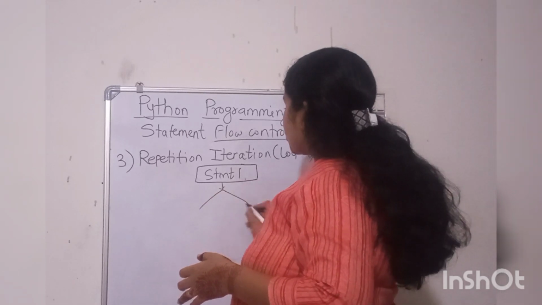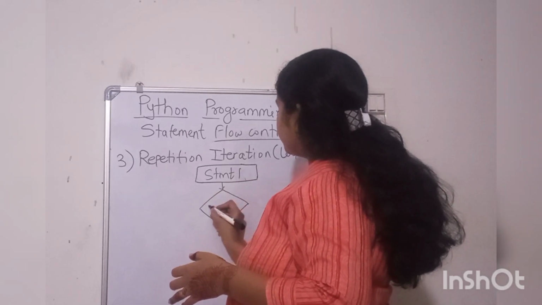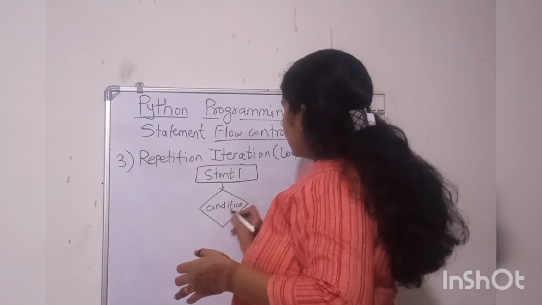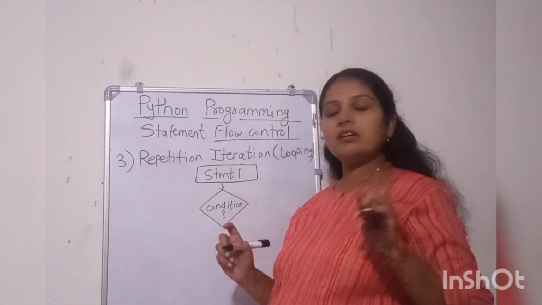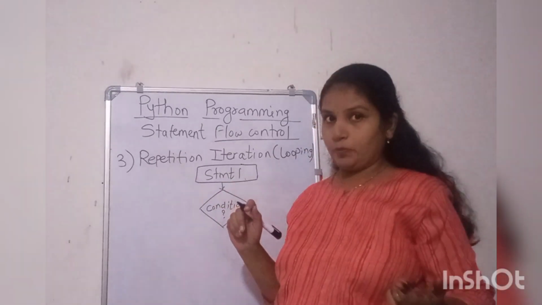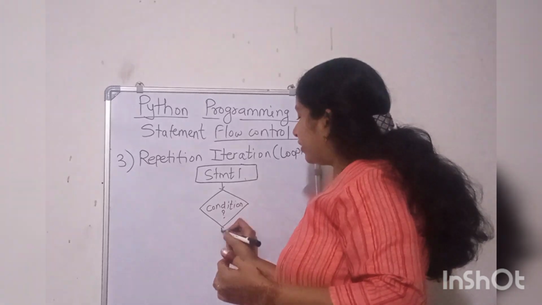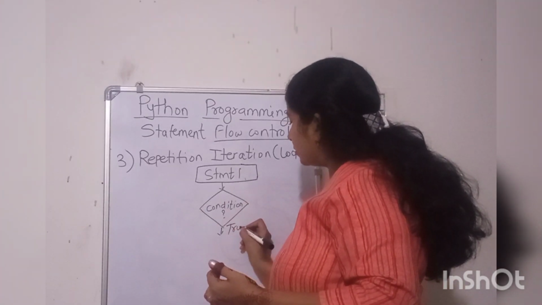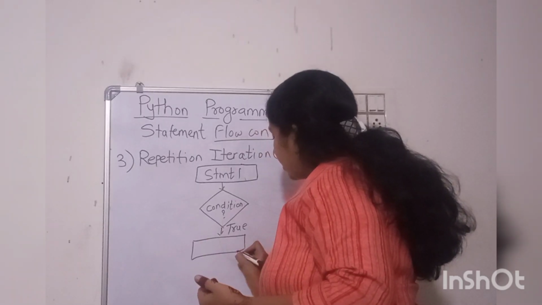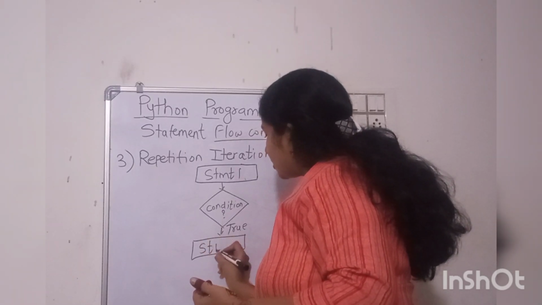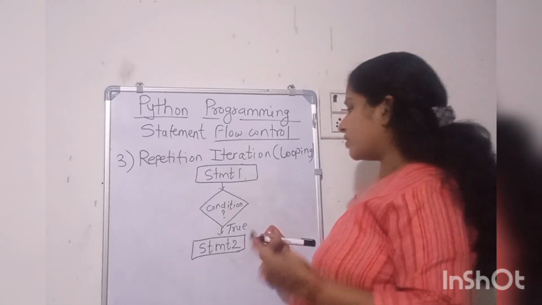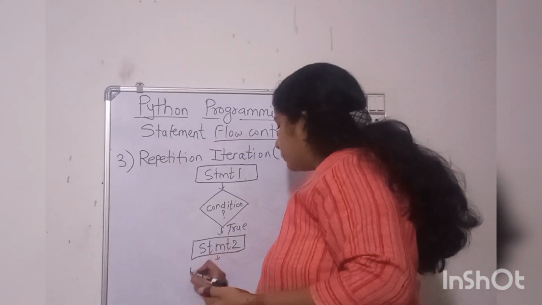Then here we are checking the condition again. Now here in the repetition, if the condition is true, then we are moving forward and we are executing certain statements. Suppose this is your statement 2. After that maybe statement 3.